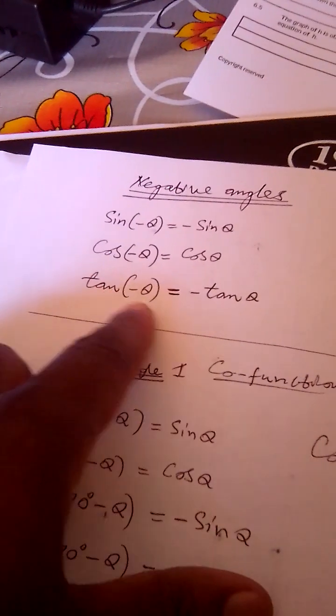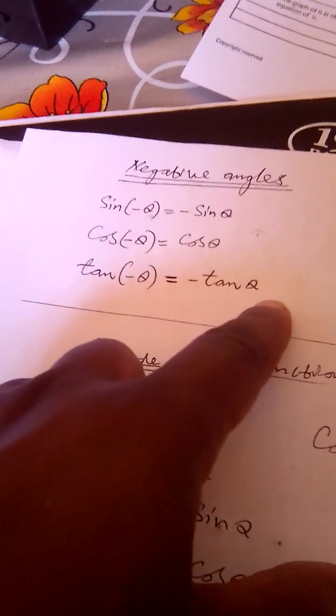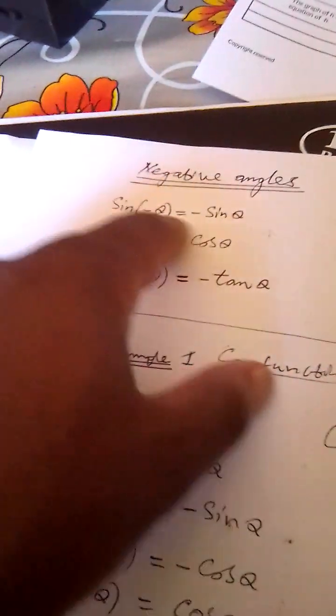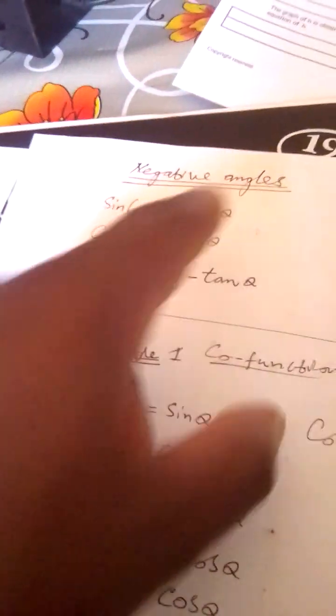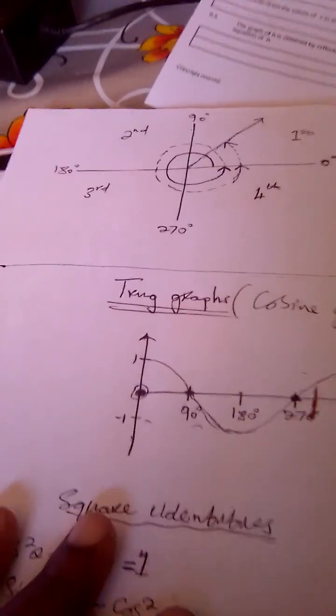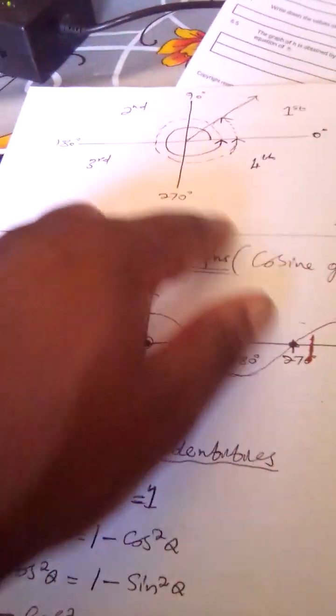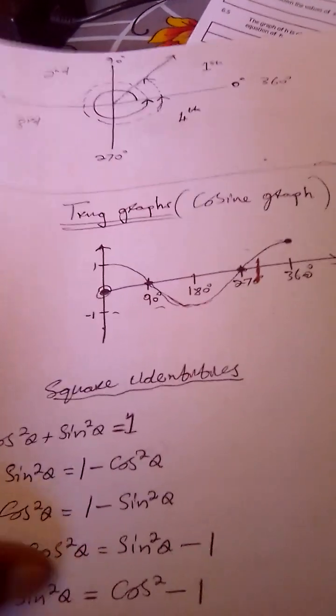And then tan of negative theta becomes negative tan theta. We call this negative angles. Okay, I think this one I will explain when you do more questions.